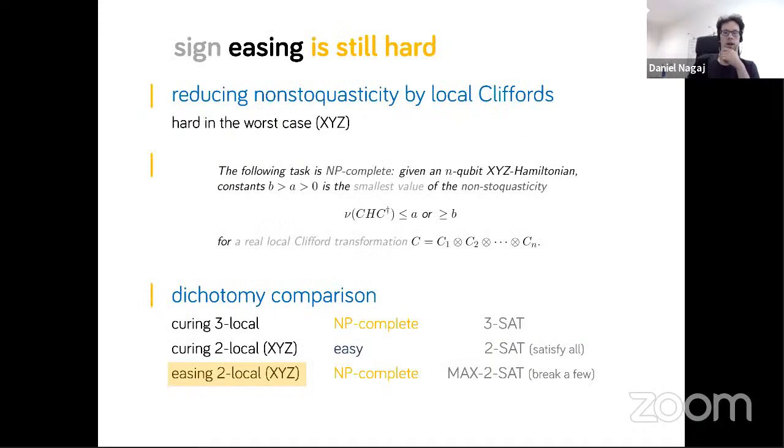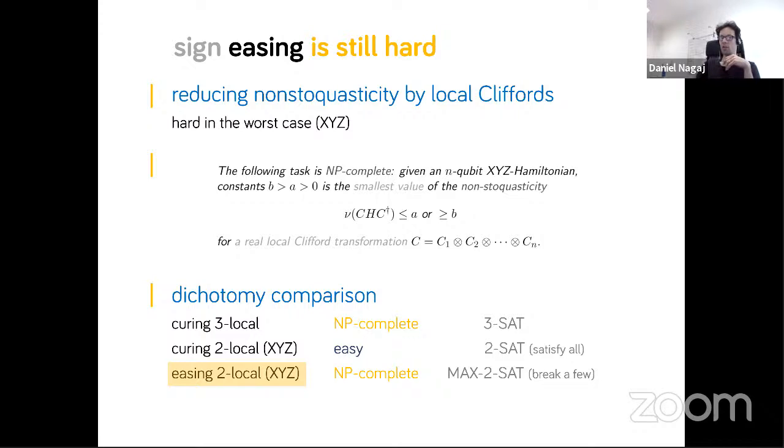Okay? So what we do in our work, we show that sign easing, so making the sign problem easier, is still hard in the worst case, because if you could solve sign easing, meaning that you could improve the sign beyond some value, it would mean that you would be solving an NP-complete problem called max cut.